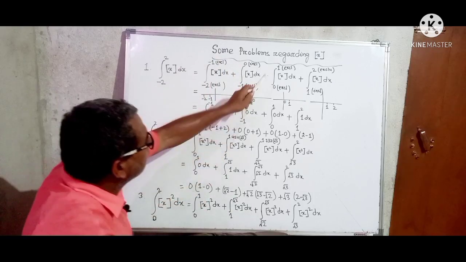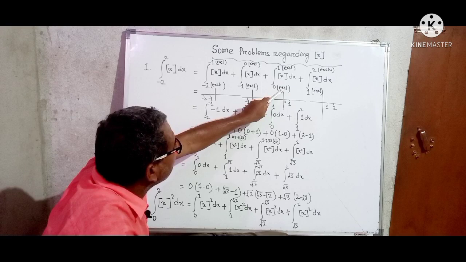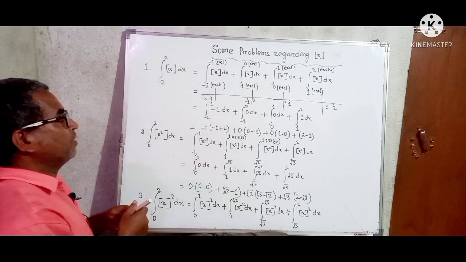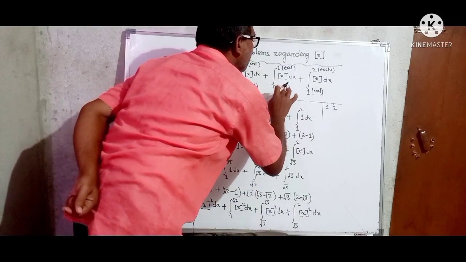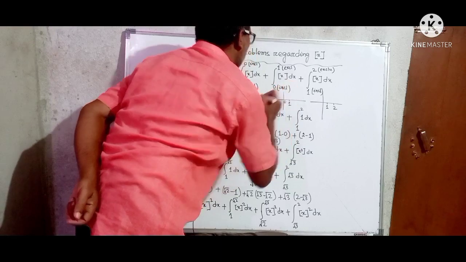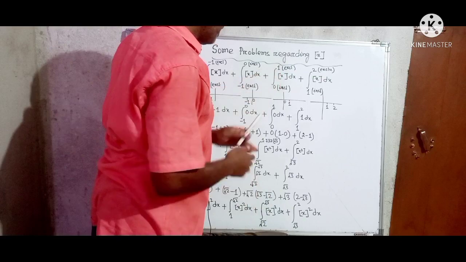Then 0 to 1. Here 0 is included and 1 is excluded.